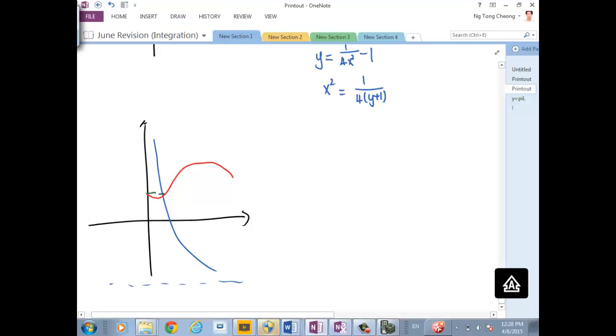Do you realize that the line that I drew also tells me how to find my volume? If you look at this green color line, you can see that this point is 1.162.